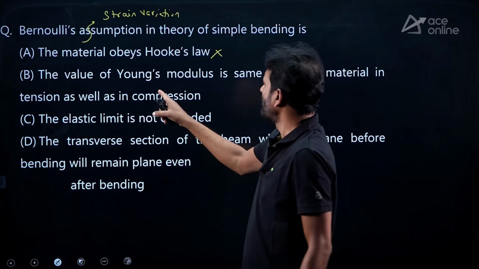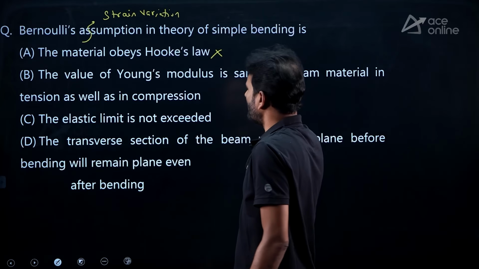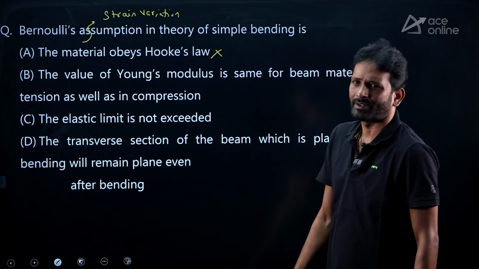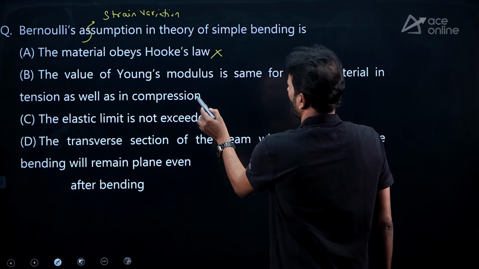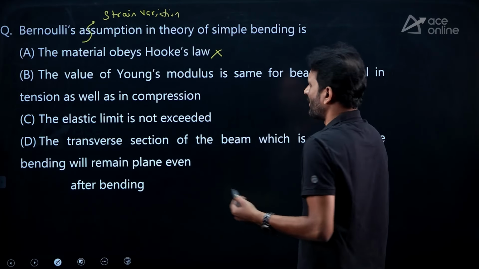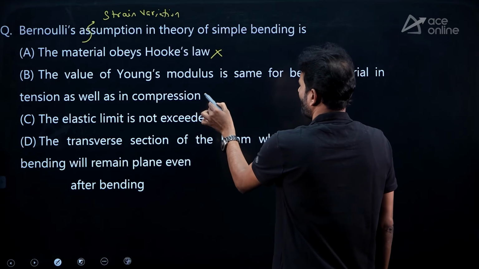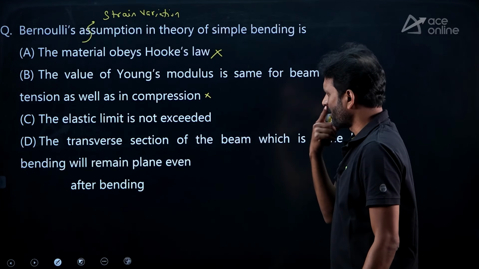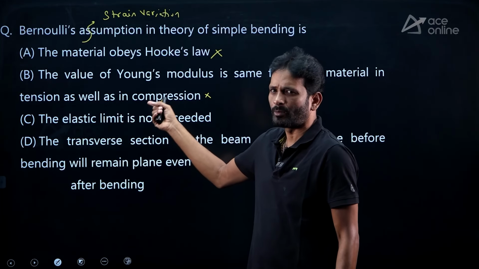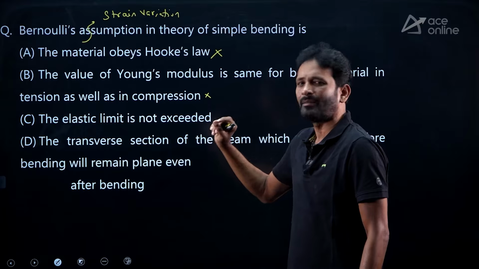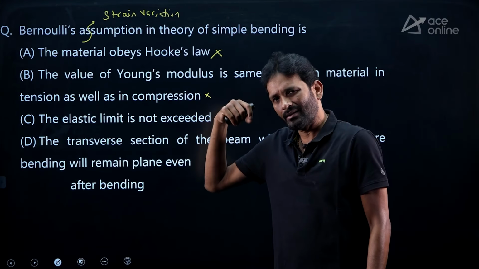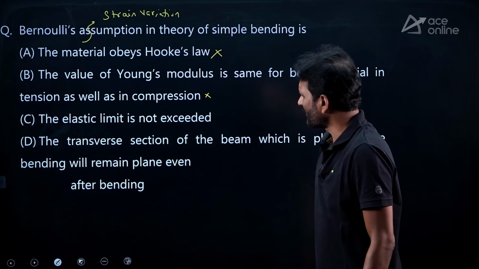Second one, the value of Young's modulus is the same for beam material in tension as well as compression. Yes, it is related to the homogeneous nature of the material of the beam, which is homogeneous and isotropic. If the material has homogeneous and isotropic behavior, then material properties are the same at each and every point in all possible directions.